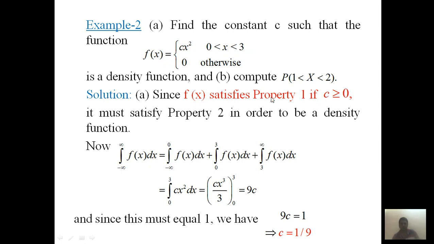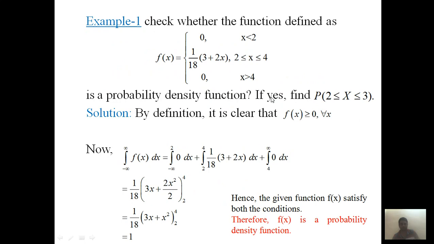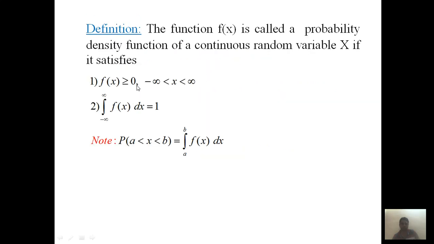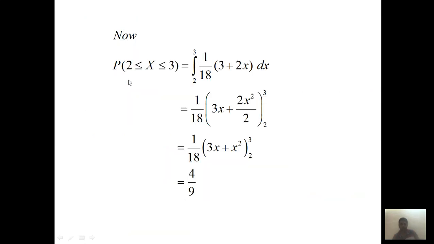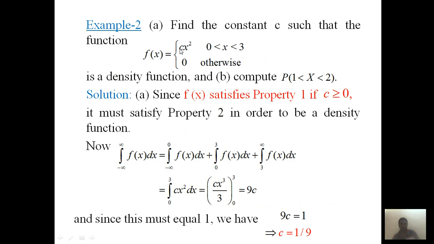Since f(x) satisfies the first property, and it's already given that f(x) is a probability density function, it must satisfy the first condition. To satisfy the first condition, it's required that c x square must be greater than or equal to 0. Here x is between 0 to 3.